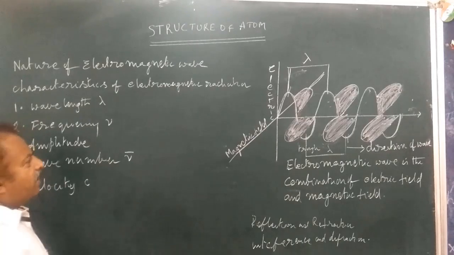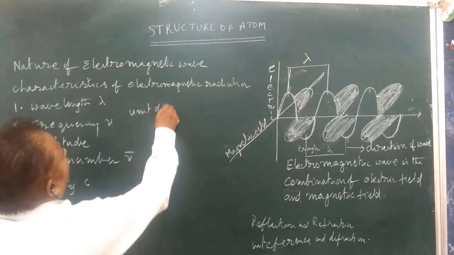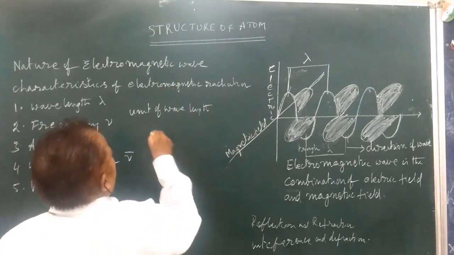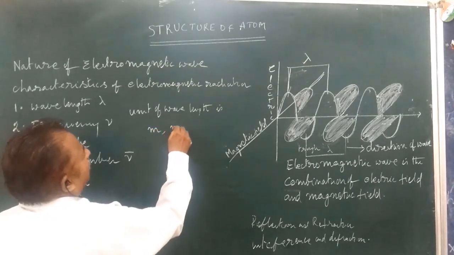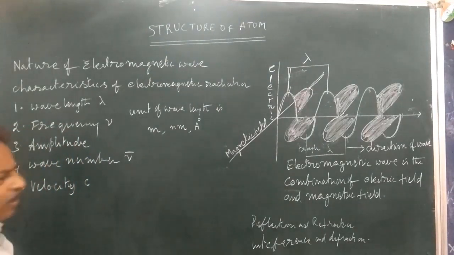Now the unit of wavelength is meter or nanometer or angstrom unit.